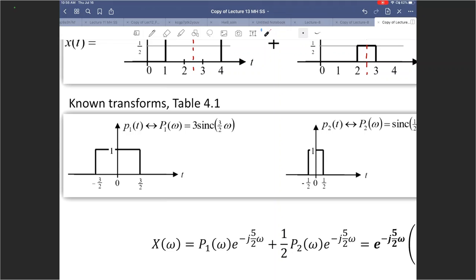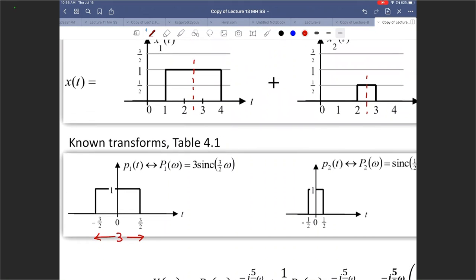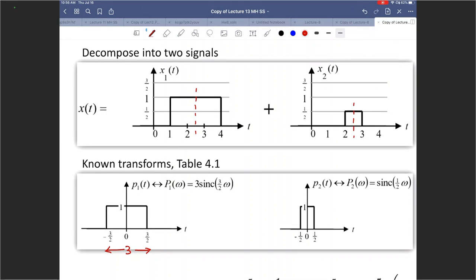In other words, why use the width of this rectangle to be 3? The width of this is 3 time units. I use that because I want this to be 3 time units, so that I can find this and then apply a time shift property.